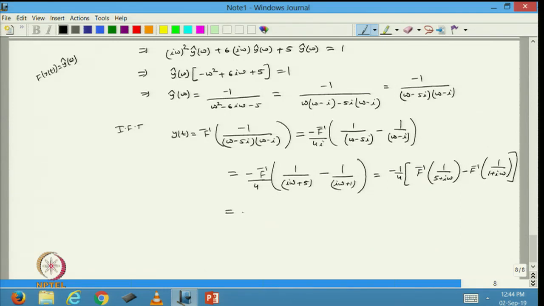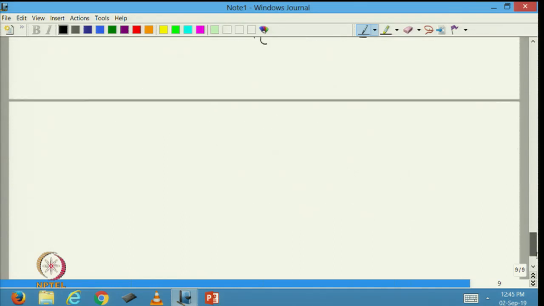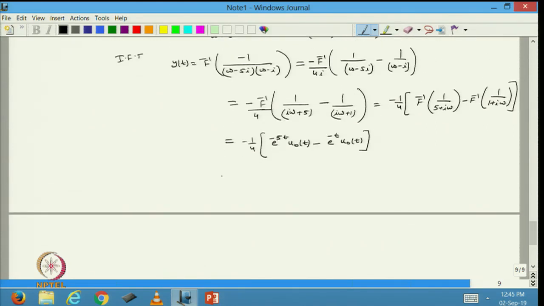So, which can further be solved, because now I have to take the inverse Fourier transformation of this factor. So, I remember that this is equal to e raised to power minus 5t u naught t, where u naught is the unit step function, minus e minus t u naught t. So, that is the inverse Fourier transformation, which can be written in the form of a piecewise function.